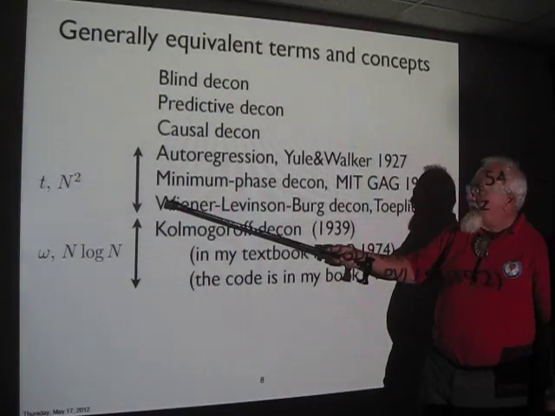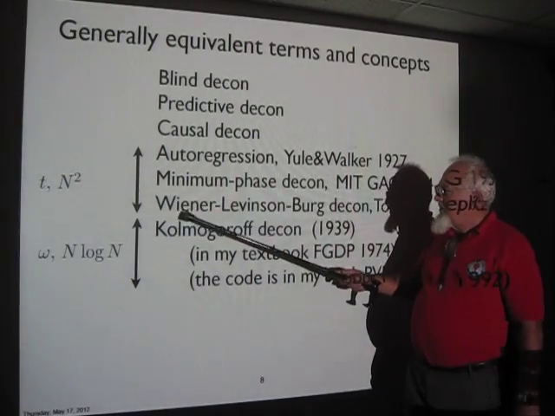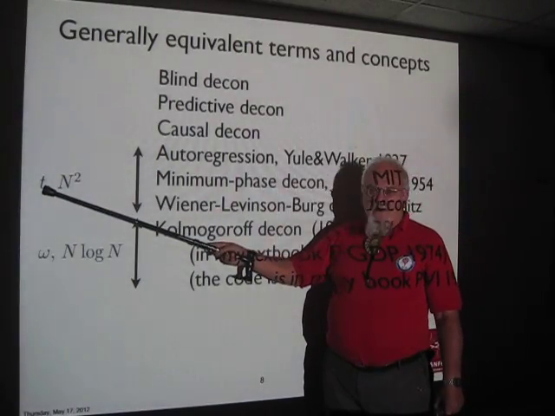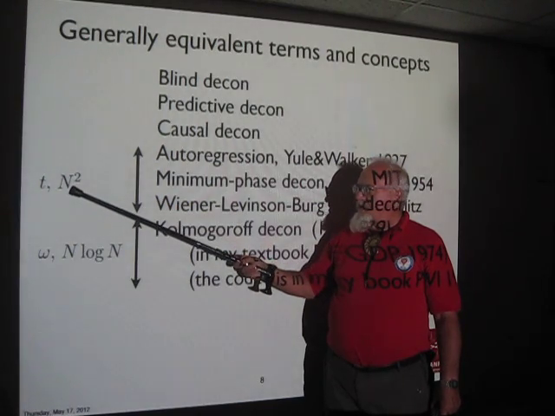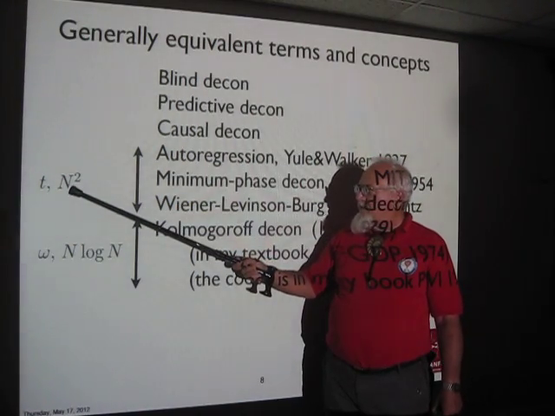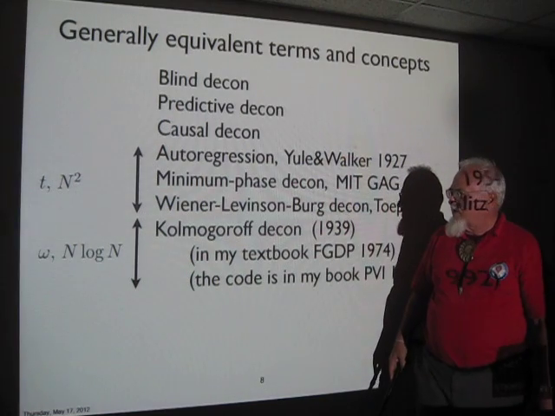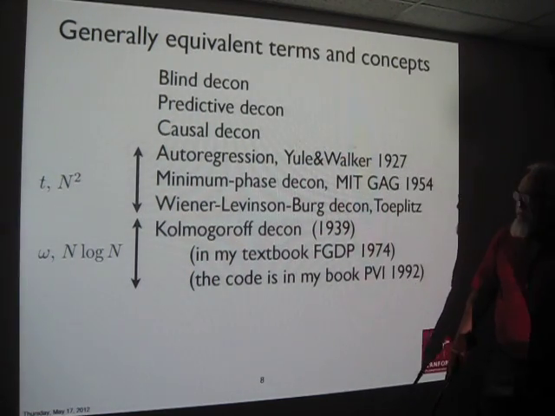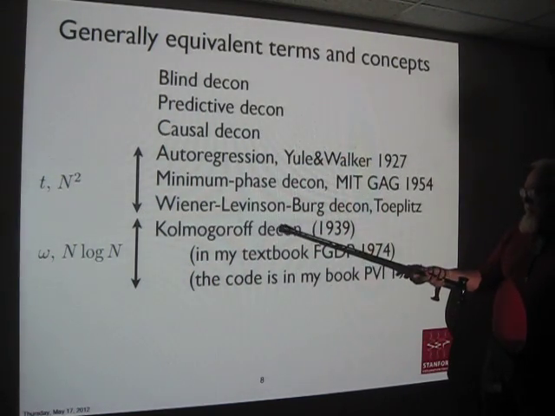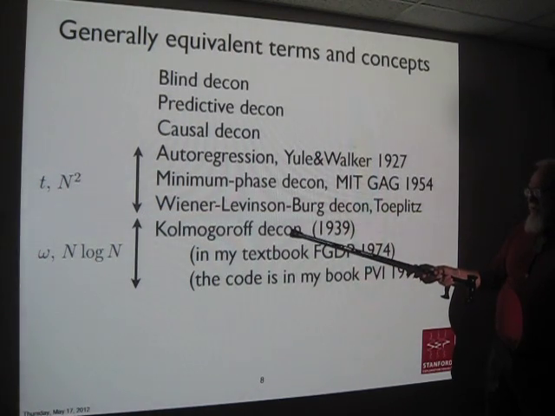They came up with a method which we might call the Wiener method, which is in the time domain, and the number of computations is n squared, and nobody cares about the n squared because that's so fast these days. It's a one-dimensional problem. In my textbook, there's another method, which I call the Kolmogorov method. It's faster.